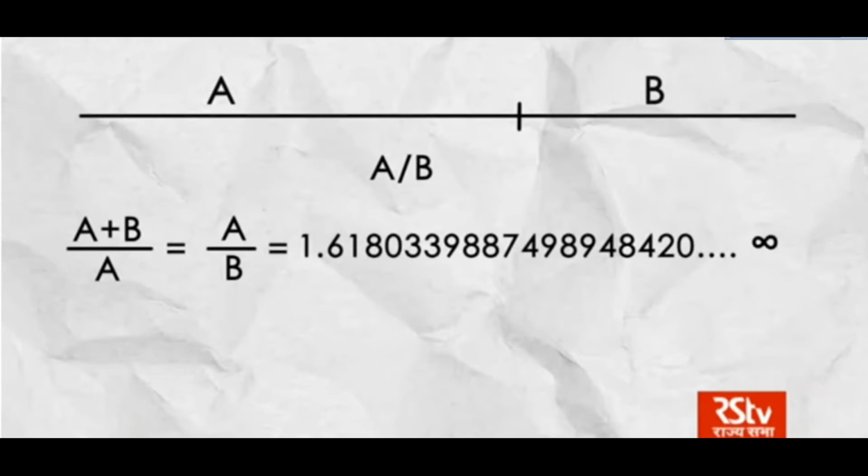The digits go on, and this number is usually called phi. It is usually rounded off to 1.618. This number is known as the golden mean.